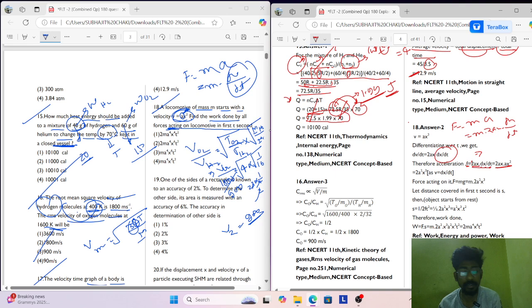So acceleration will be 2ax dx by dt. So m into 2a dx by dt, where v we already know is ax squared, so F will be equal to 2a squared m into x cube.